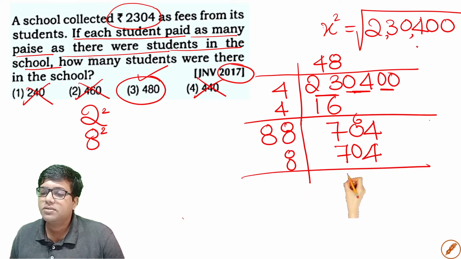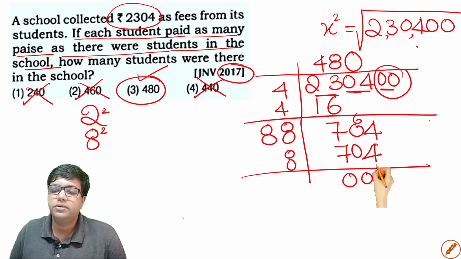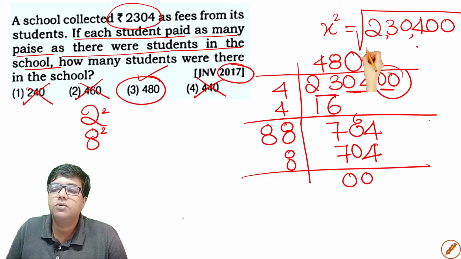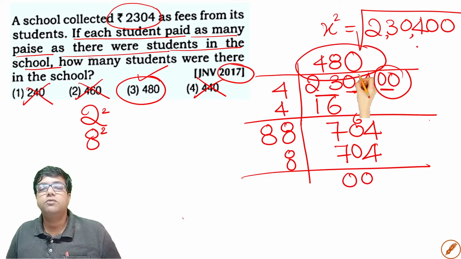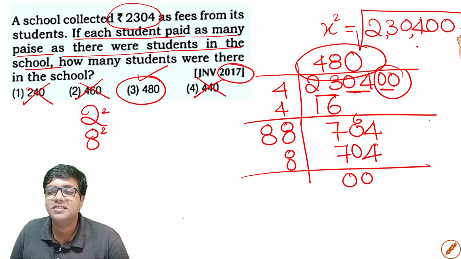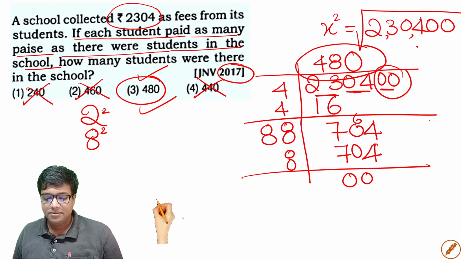So we will get zeros here, and there are 2 zeros at the end, so you put one more 0 here. For every 2 zeros you can put one more 0. Therefore the square root of 2,30,400 is 480. Option 3 is the right answer.